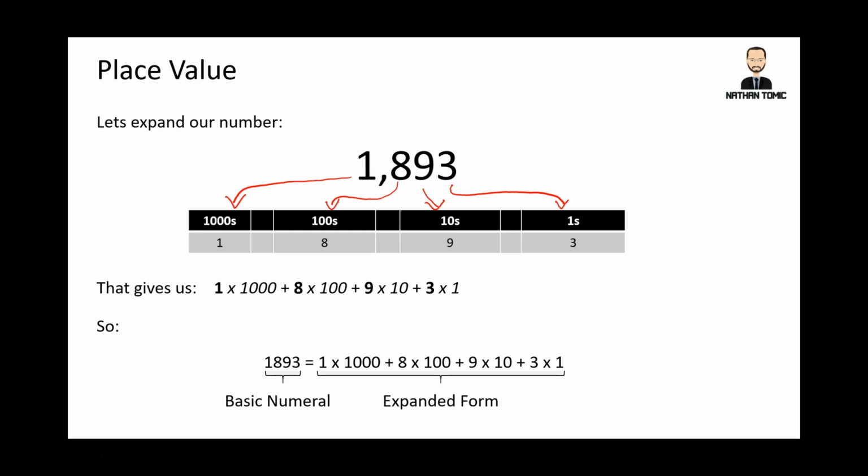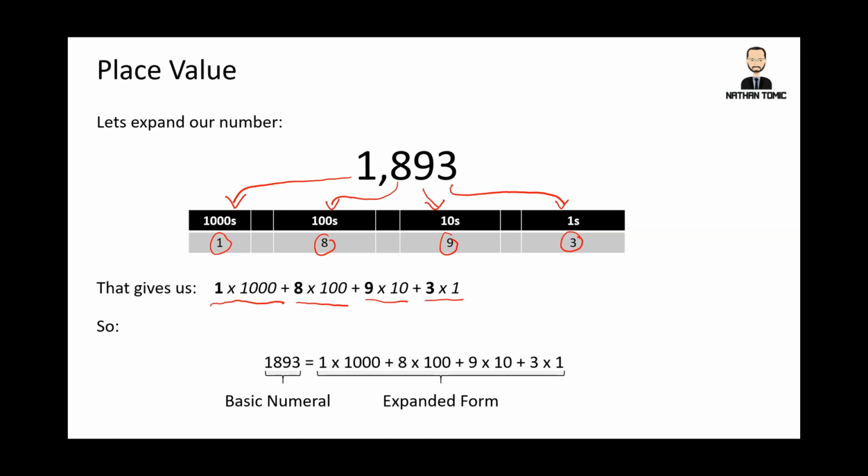So we can have this as 1 times 1000, because we have 1 in the thousands column, 8 times 100, because we have 8 in the hundreds column, 9 times 10, because we have 9 in the tens column, and 3 times 1, because we have a 3 in the ones column.